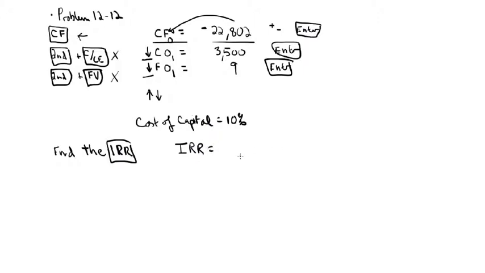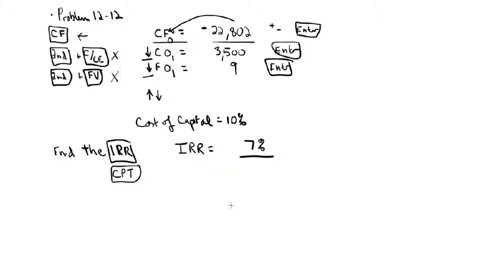But it won't stay that way. At this point, once you push the IRR key, you must push compute. If you push the compute button, IRR is going to equal 7%. You computed IRR, and it's 7%.